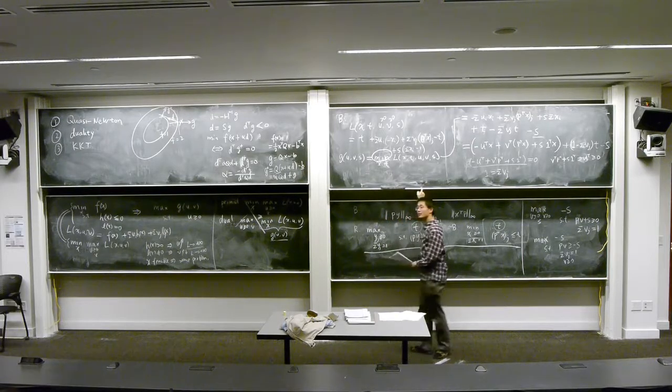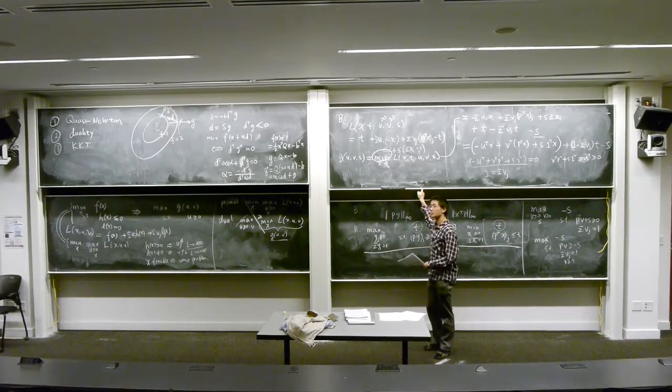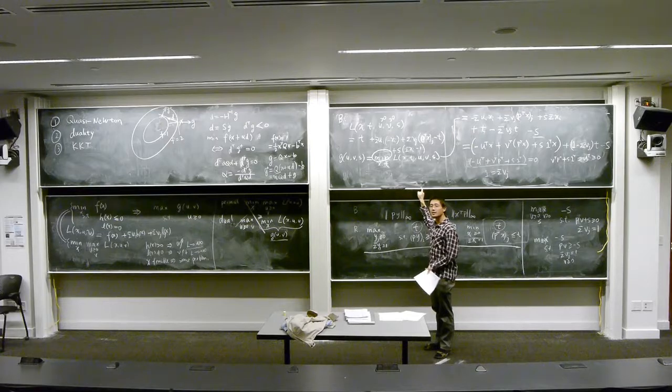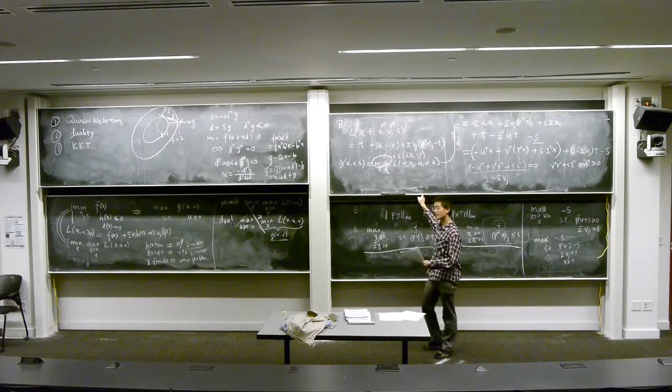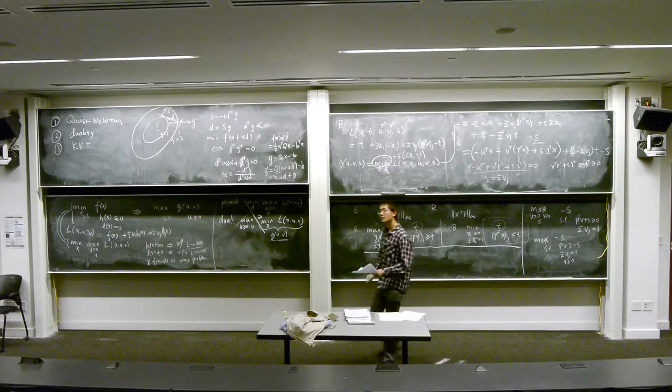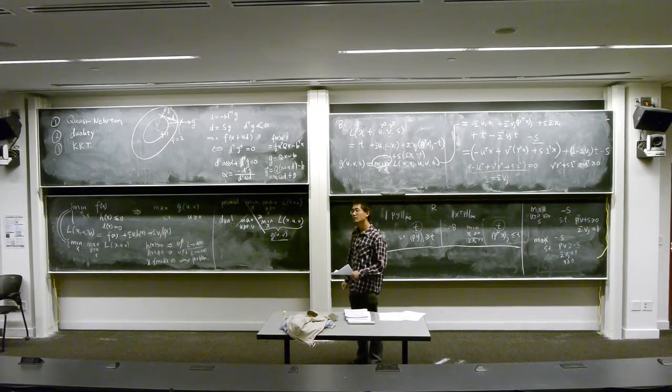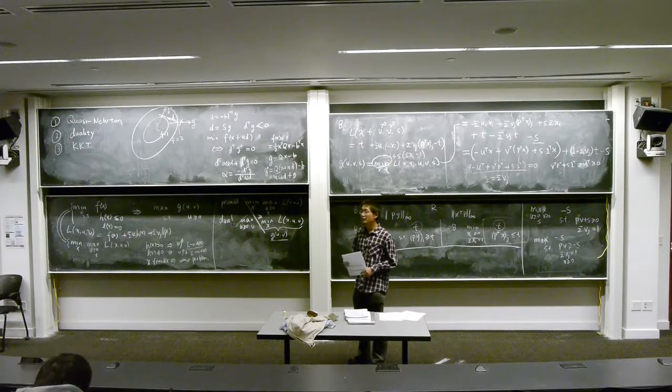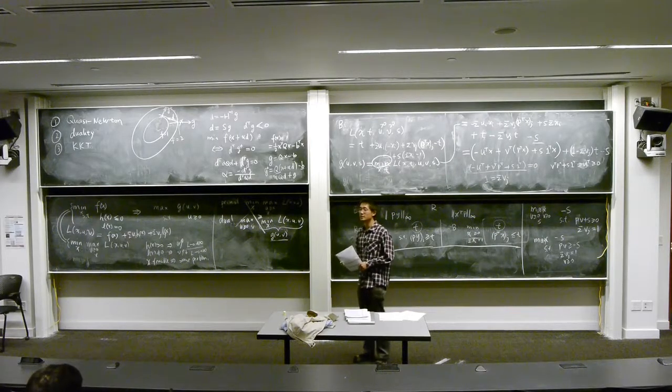Yeah, Slater's condition. Sorry? The dual variables times the constraints equal to 0? Not really there. That's a prerequisite for the KKT condition. Strong duality is a prerequisite for KKT condition.